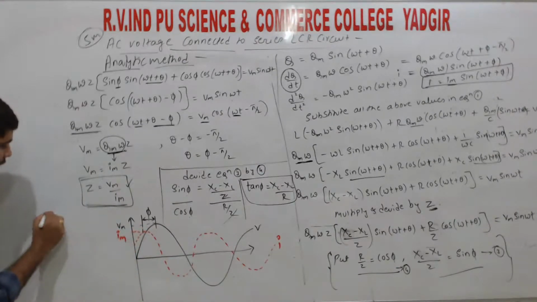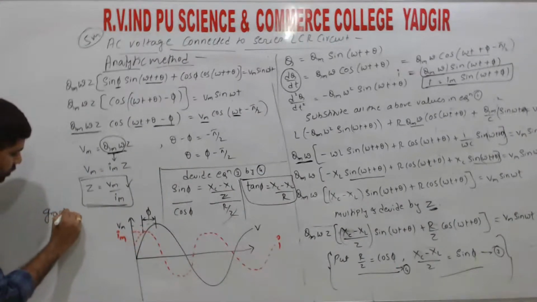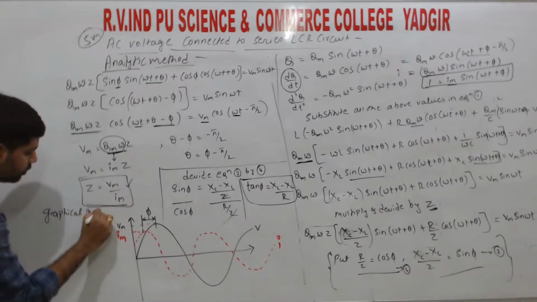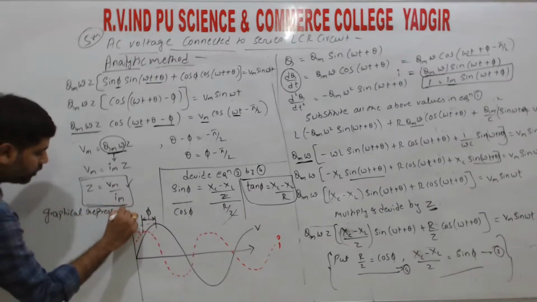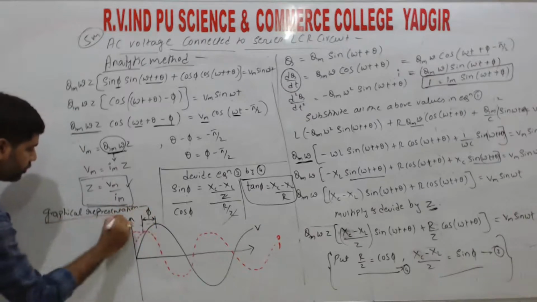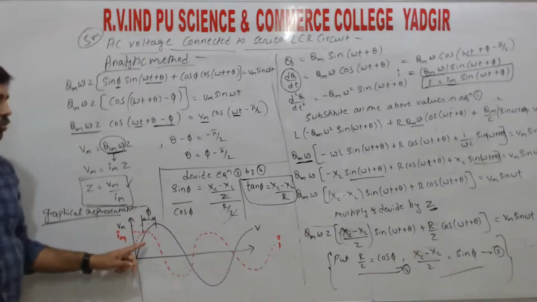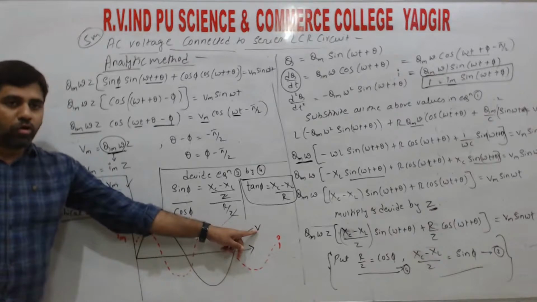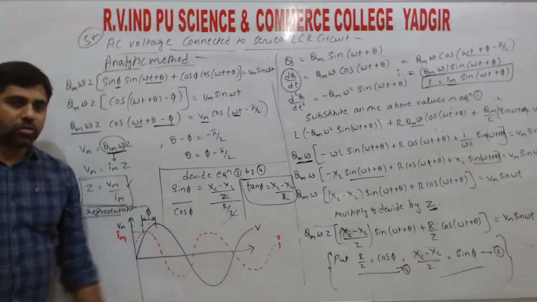So this is the graphical representation for the series LCR circuit. The black line is the voltage and the dotted red line is the current.